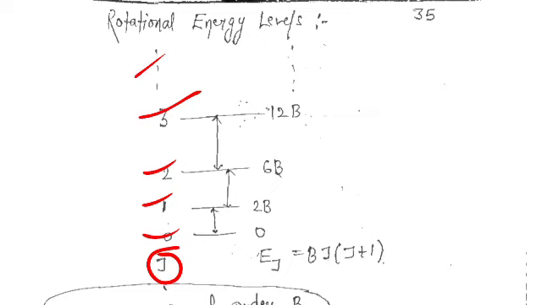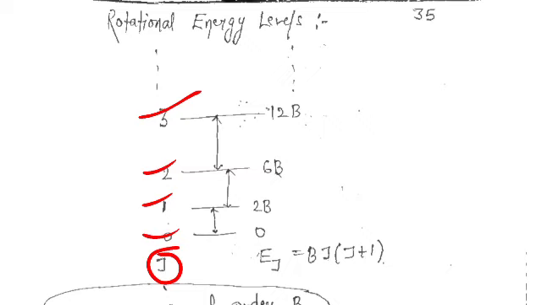Ground state energy of the rotation is 0, while in the translation it was not 0. It has the value h square upon 8 m L square in the translation, but in the rotation you are able to see that its ground state value is 0. Okay, so this was the thing that I wanted to highlight.